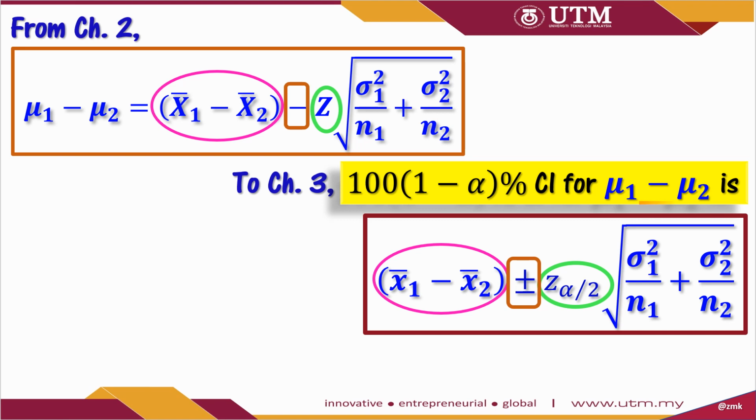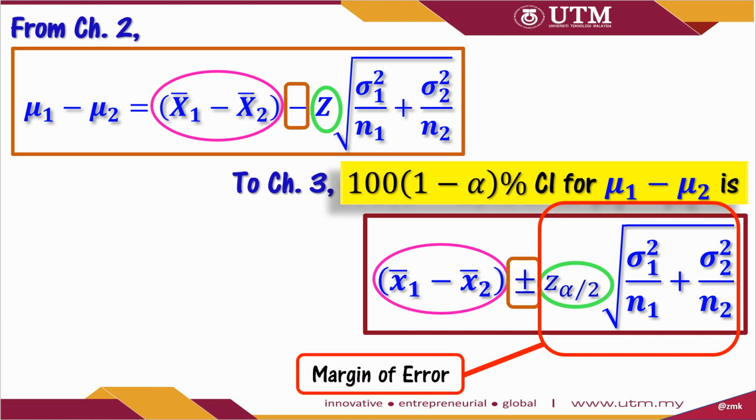Now if you look at this expression, which is the product of Z alpha over 2 score and the standard error of x bar 1 minus x bar 2, this is what we call a margin of error.